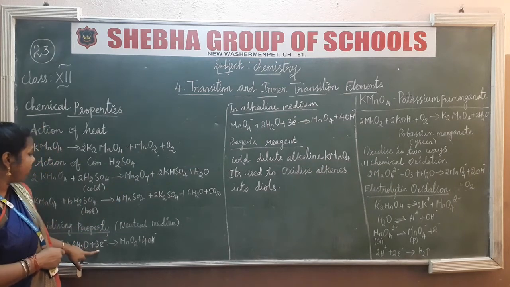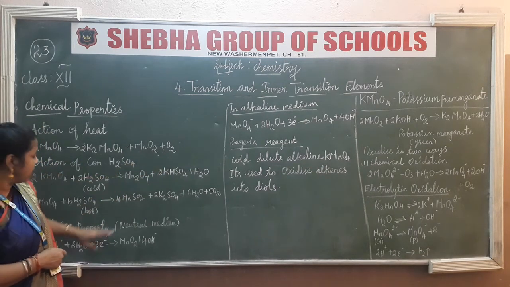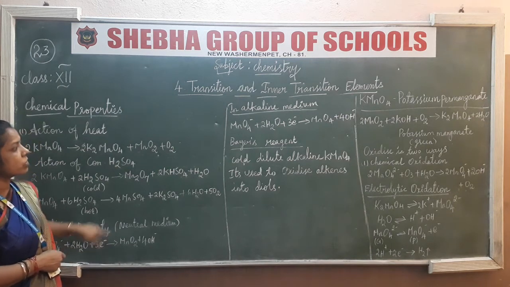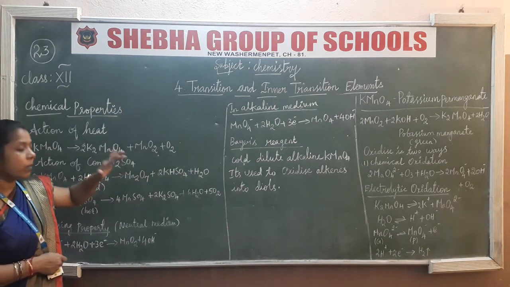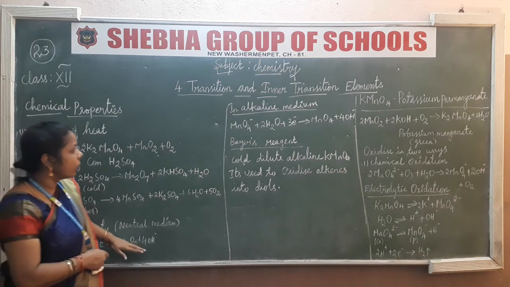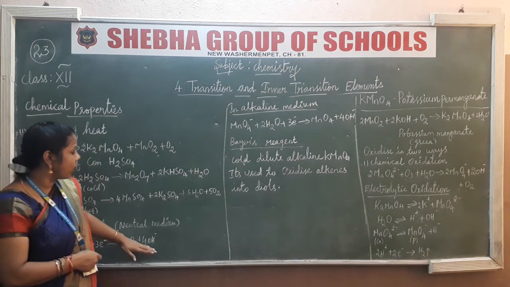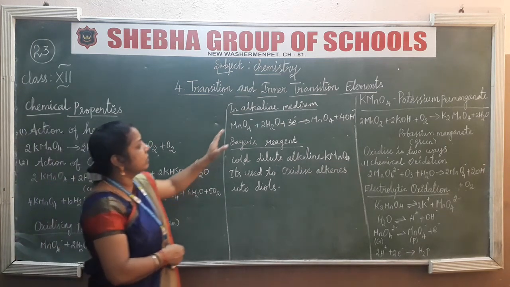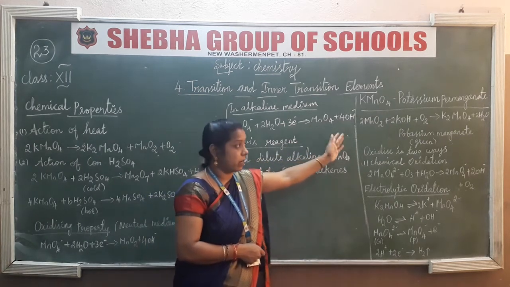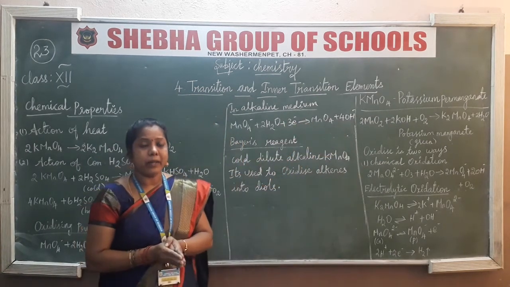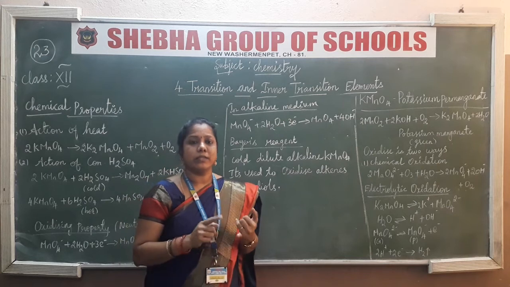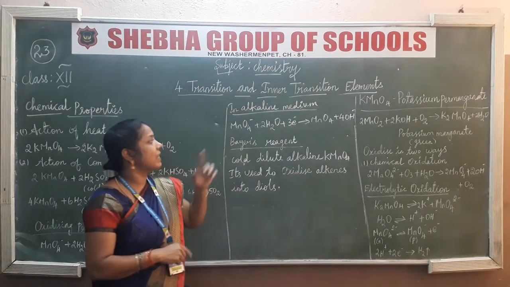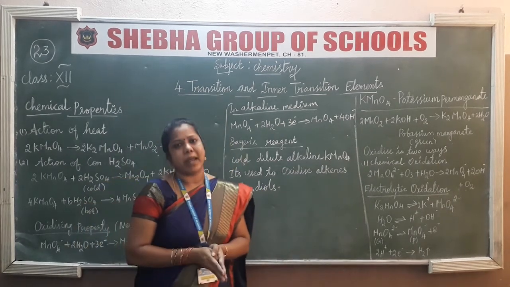In the neutral medium there is a gain of 3 electrons and here also a gain of 3 electrons, with 2 molecules of H2O, that is water molecules here also. It changes into MnO2 with 4 OH, and here also 4 hydroxyl ions, but different kinds of reactions happen: one is the neutral medium and the other is the alkaline medium, though the same reaction type happens.